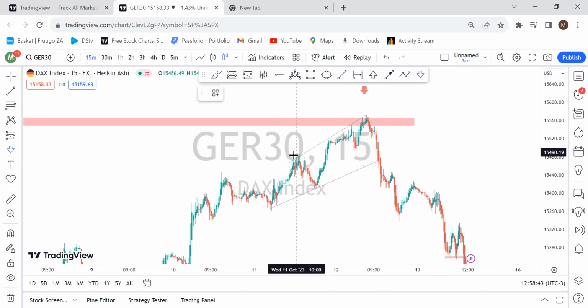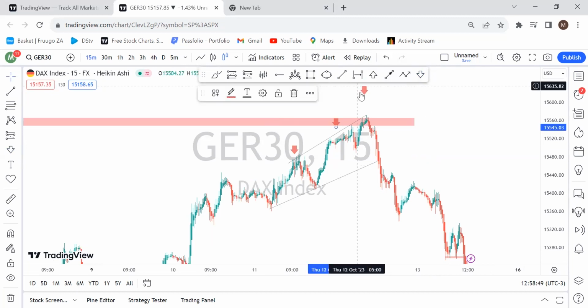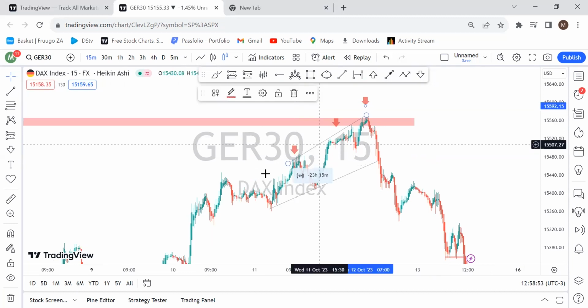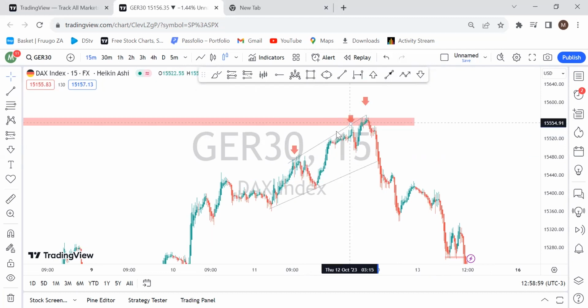And when it comes to that 1, 2, 3 touch formation, you can see we also still have 3 touches on this trend line. First one, second one, where you can argue that it's at this point, but you get the idea.